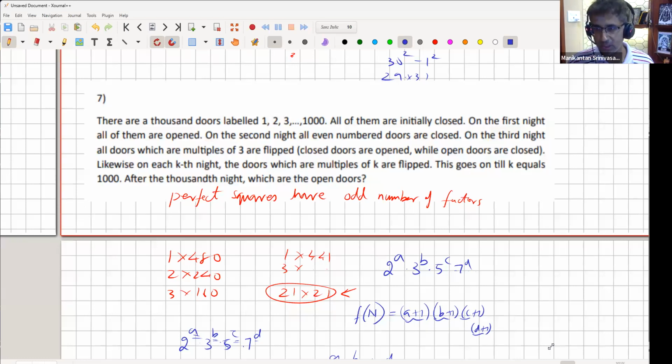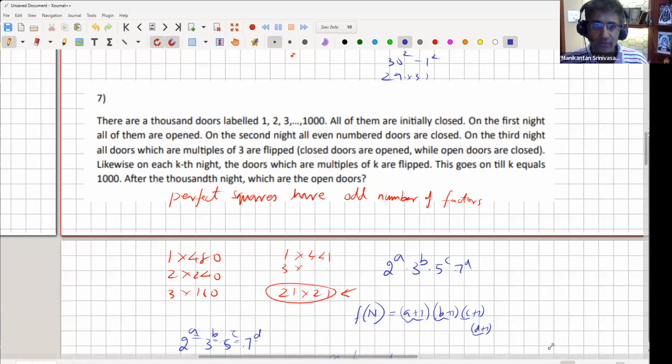Which will be open, which will be closed? For that, what Apurva was telling was, if I take any one door, let's say the 240th door, it will get touched on the nights of 1, 2, 3, 4, 5, 6, 8, 10, and so on, all the factors of 240.